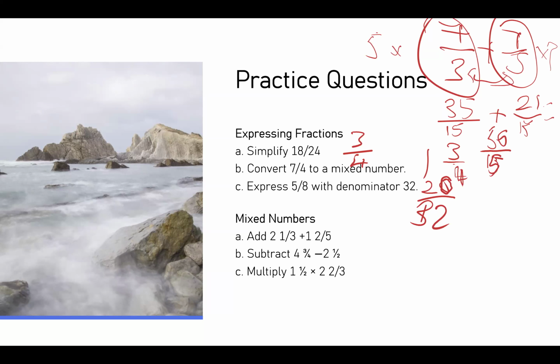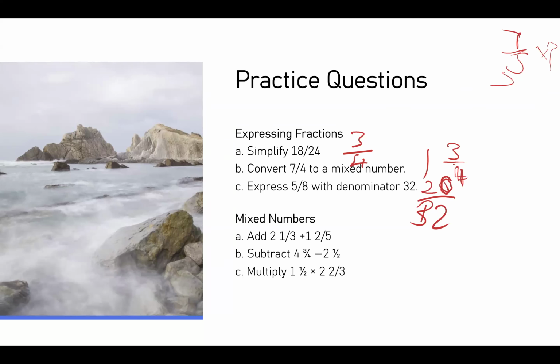So that's the answer. The improper fraction, we want it as a mixed number. So 56 over 15 is what the improper fraction was.